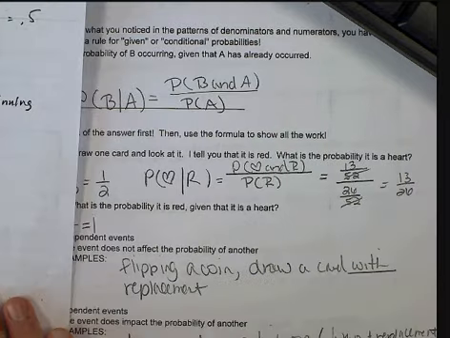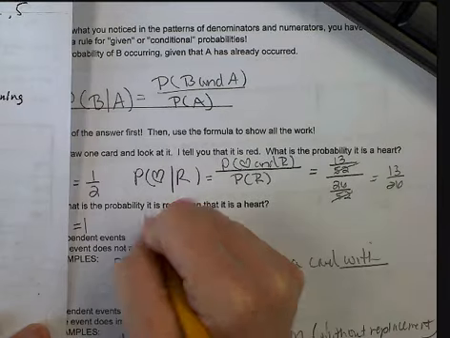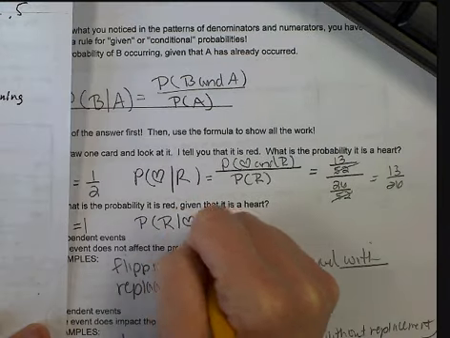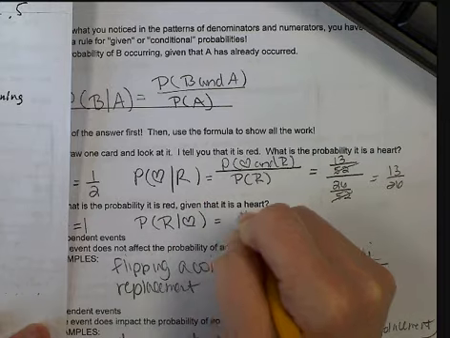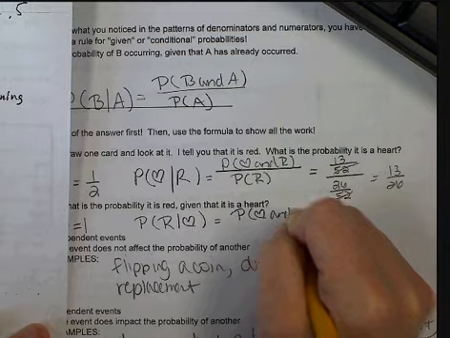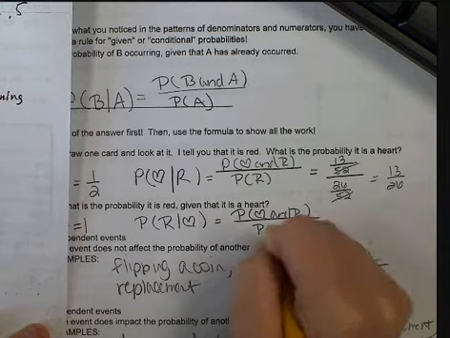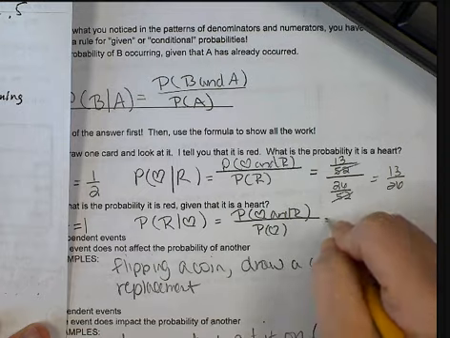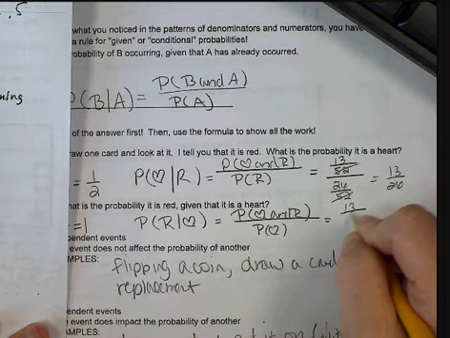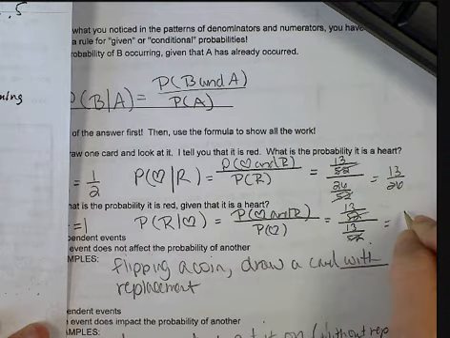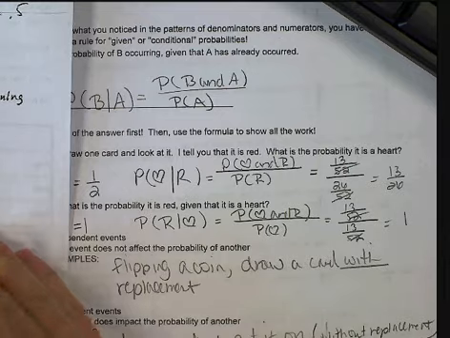If I wanted to use my notation, it's the probability of a card being red given that it's a heart. So I find that by doing probability of heart and red over probability of heart. There are 13 red hearts out of all 52 cards. There are 13 hearts out of 52 cards. Hence, we end up with 1.